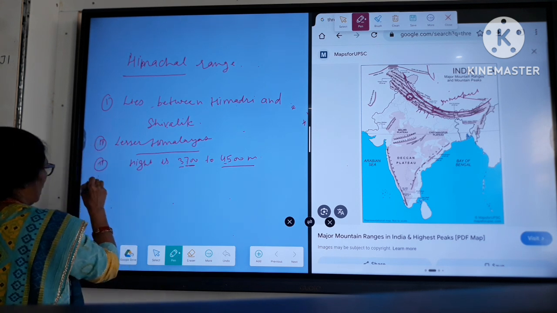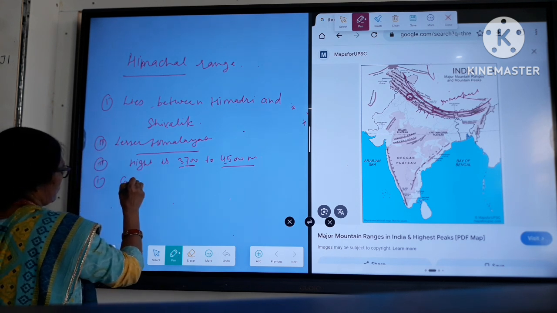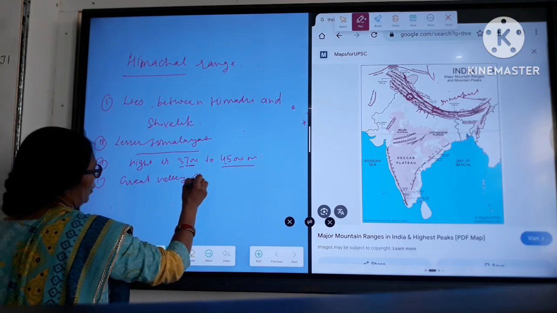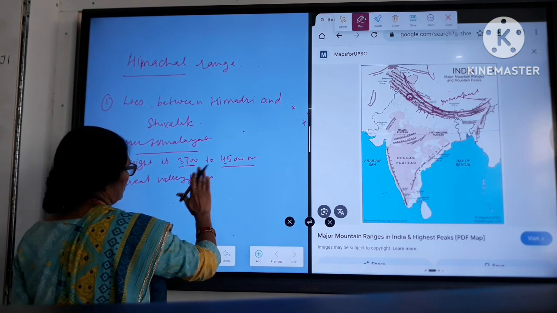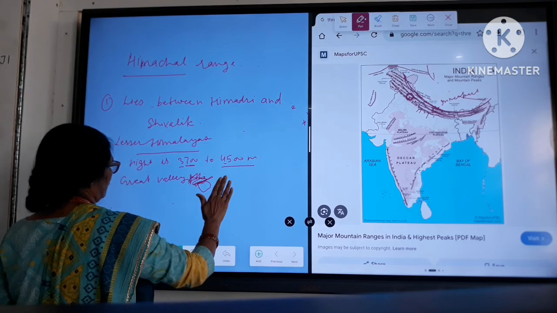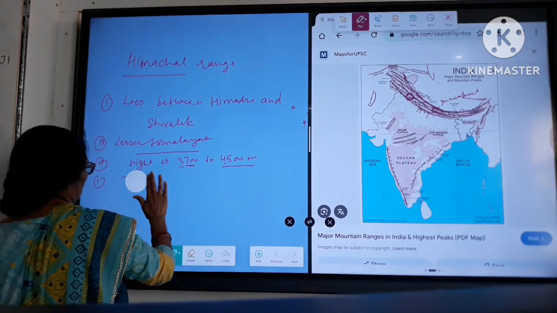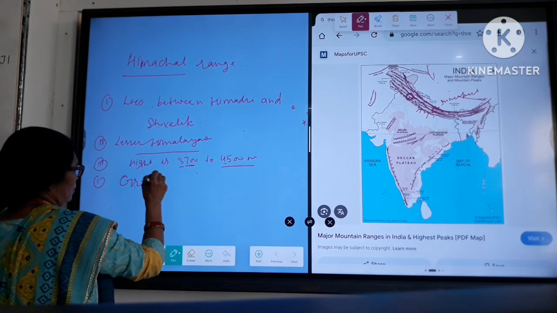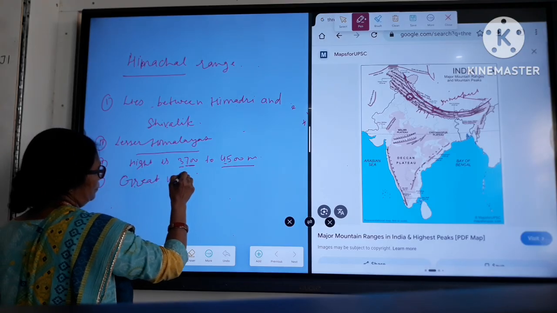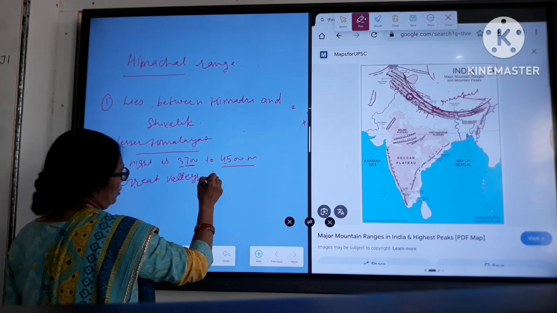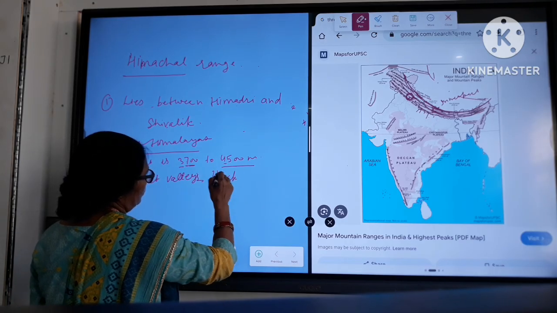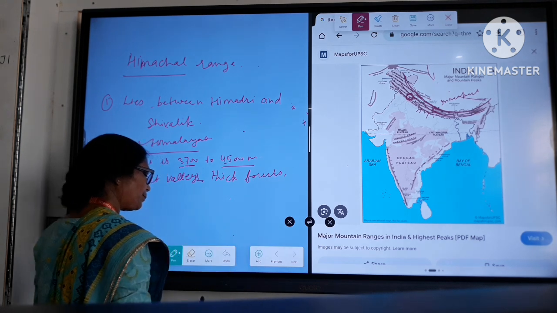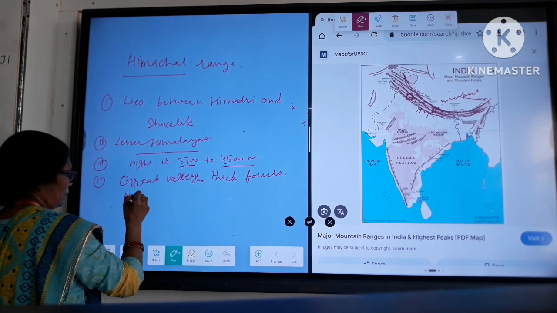Here are the great valleys, thick forest, and many hill stations.